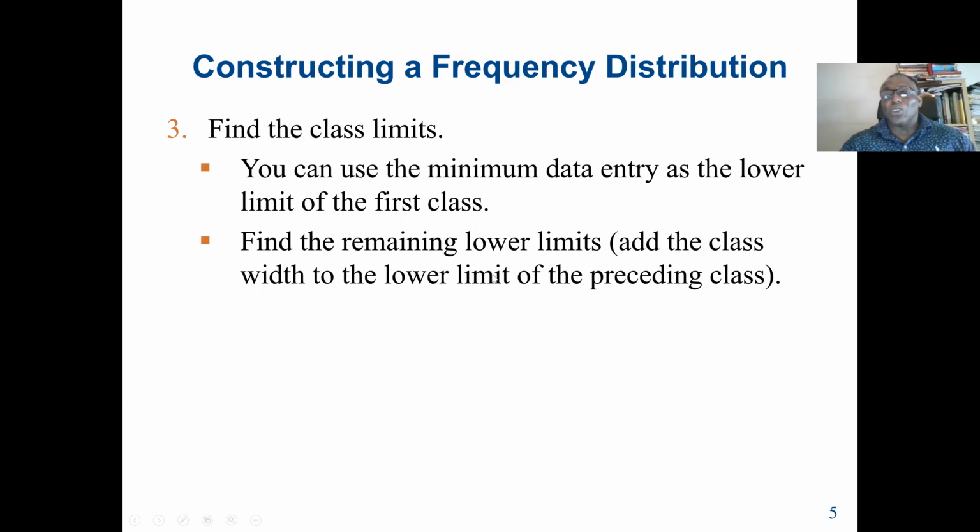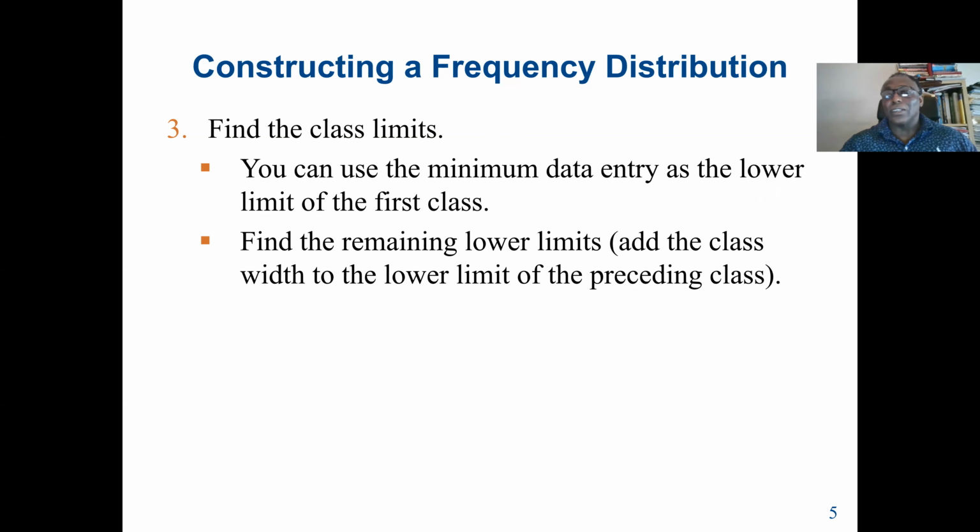That's what we saw previously: the difference between 2 lower limits will give us the class width. So let's say I decided to use 5 as the lowest limit of the first class, and I already found the class width.